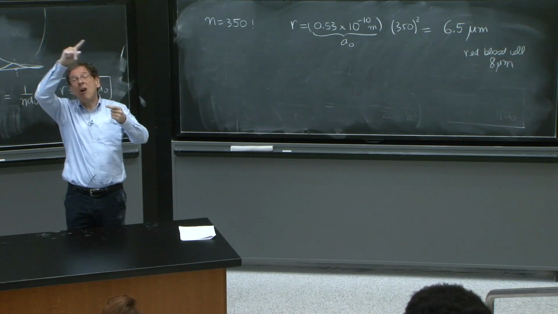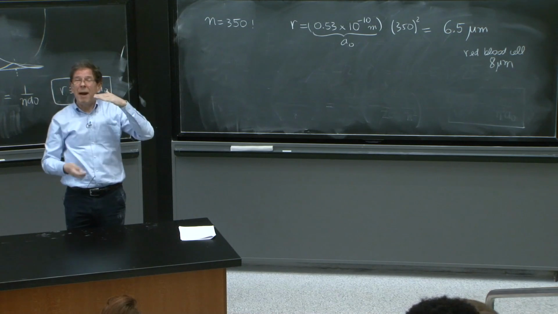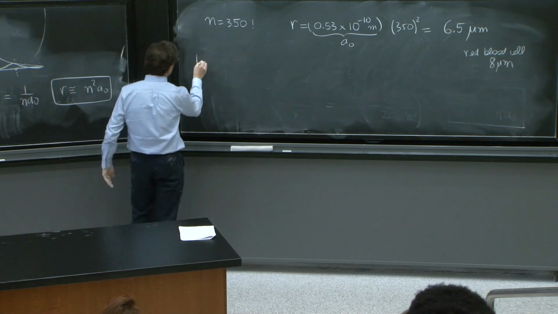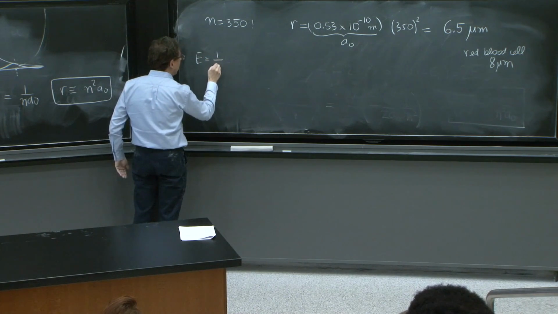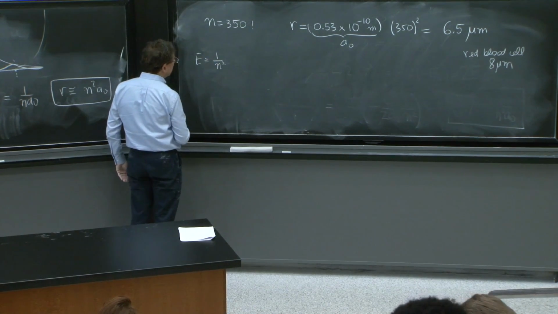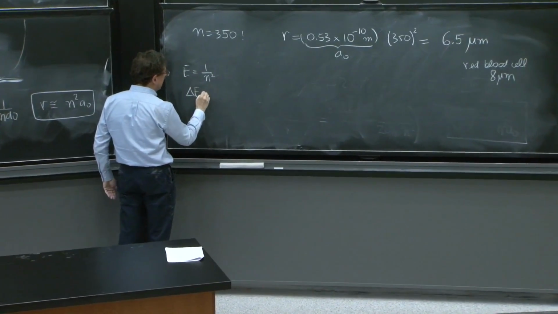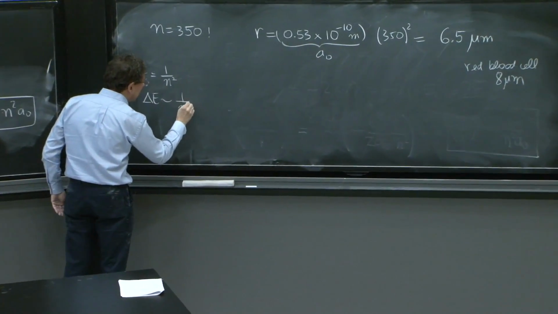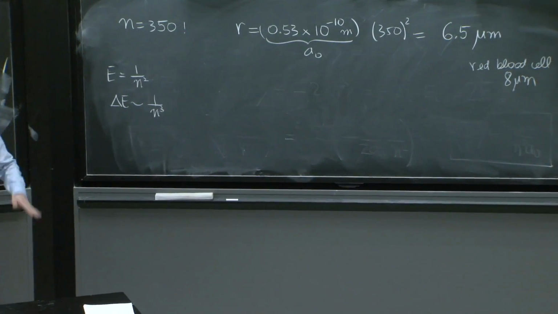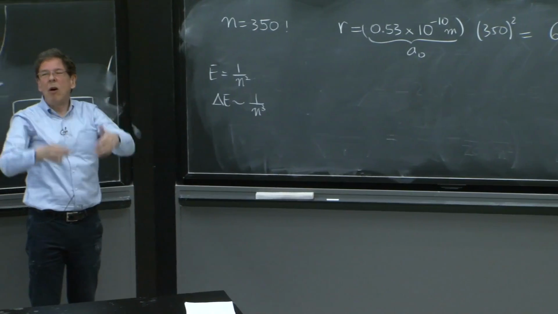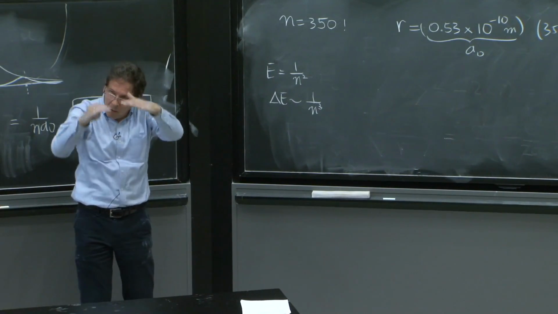It takes a long time to go down that spiral. If you have energies that go like 1 over n squared, the separation between the energy levels goes like 1 over n cubed. So there are lots and lots of states there, and it takes a long time for it to decay from one to another.